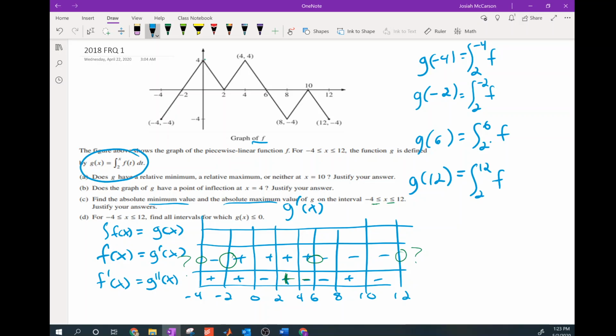So all they're asking for then, remember, the integral is just the area between that value and the x-axis. So if I wanted to find it for -4, that means you go from 2 to -4. So that's from here to here. So you want this area right there.